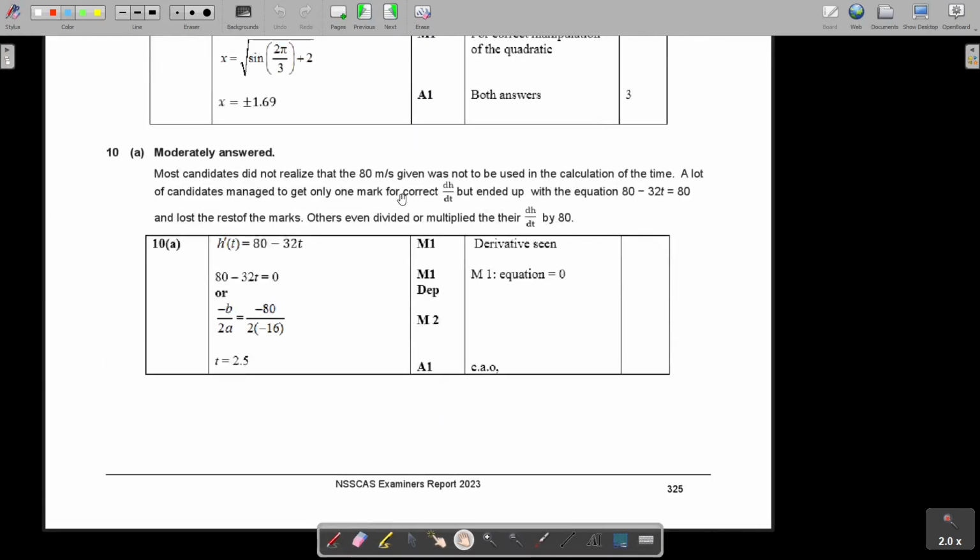Most candidates did not realize that the 80 meters given was not to be used in the calculation of the time. A lot of candidates managed to get only 1 mark for the correct differentiation, but ended up with equals 80 and lost the rest of the marks. Others even multiplied there by 80. So you first differentiate, then you put it equal to 0, and then you get your 2.5.